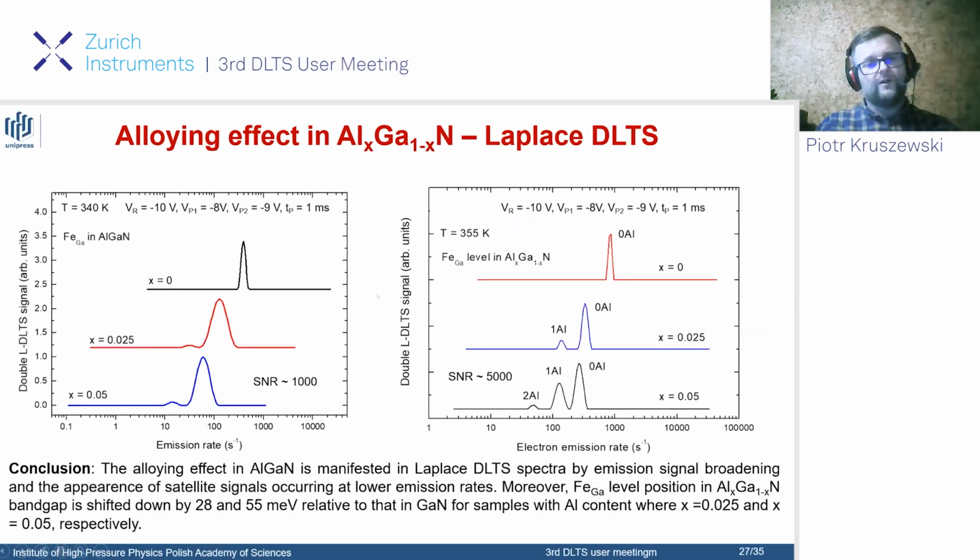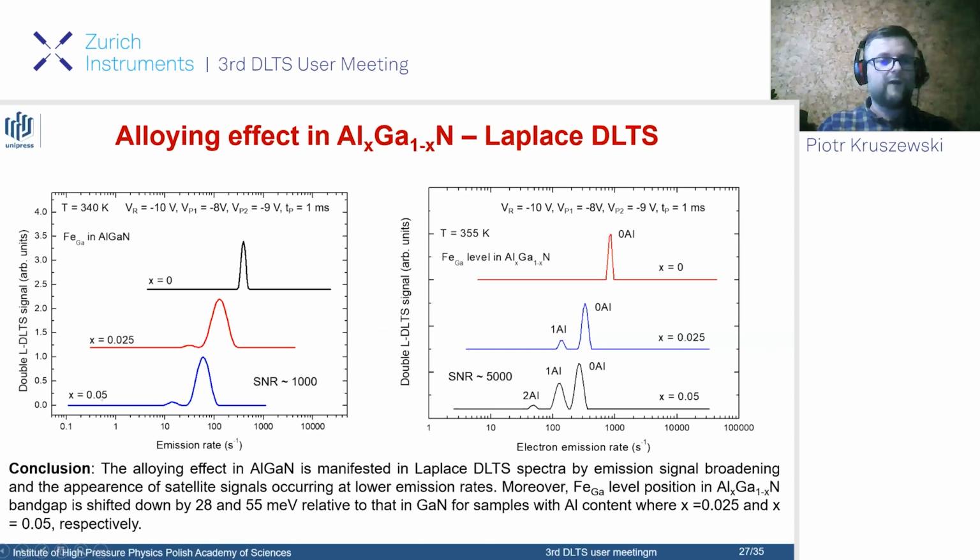Okay, so now let's look at the Laplace DLTS results. These results over here were obtained for the iron on gallium acceptor level, so this E3 level at high temperature. For pure GaN, you have just one line. In case of the 2.5% aluminum sample, you see the broadening also in Laplace DLTS, and a new peak appears.